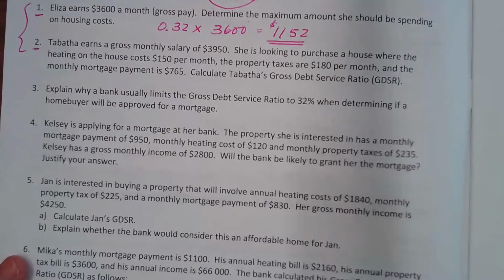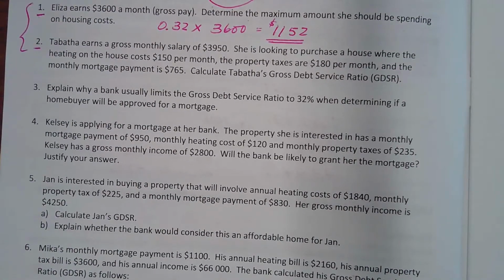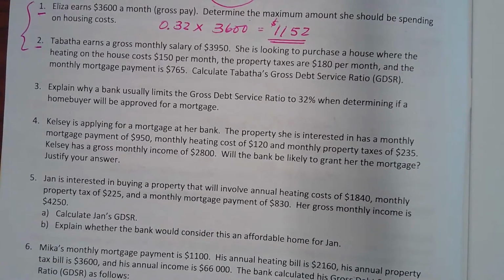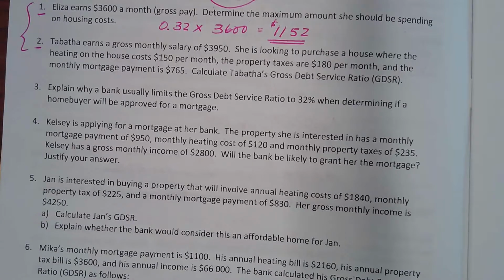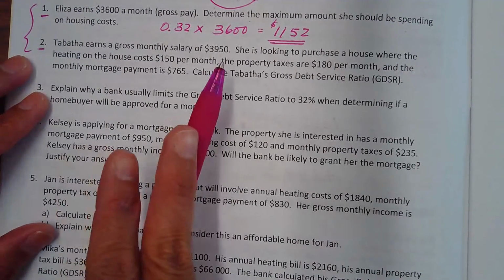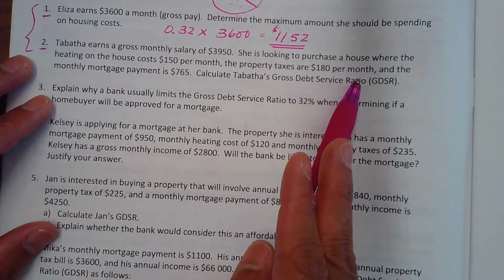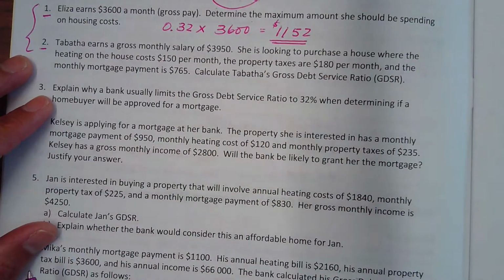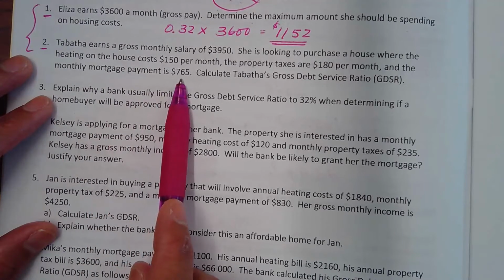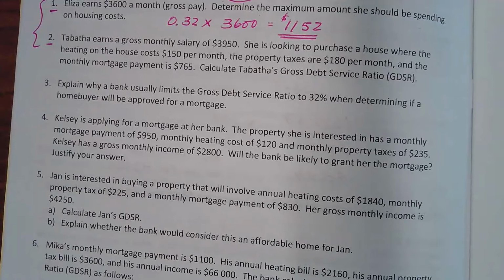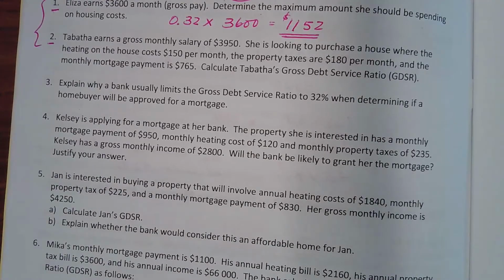Question number 2. This one says Tabitha earns a gross monthly income. Good, I see the word monthly, which is great. Looking to purchase a home. Heating is $150 per month, property tax is $180 per month, and mortgage payment is $765 a month. I don't have a space in here, so I'm just going to grab a piece of paper.